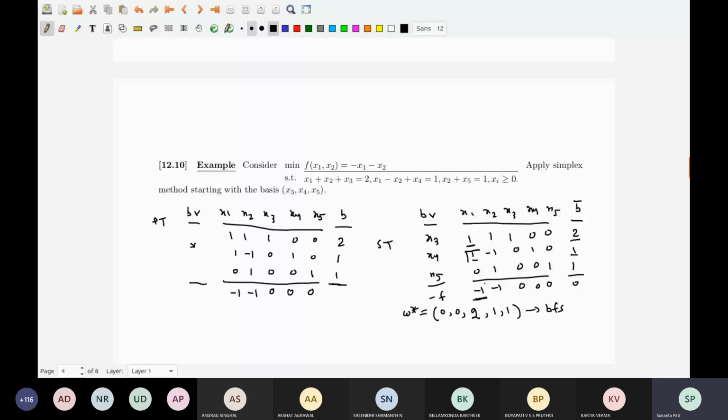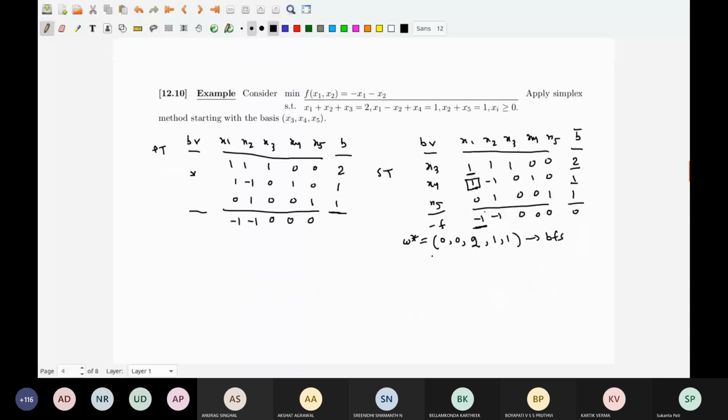So in that case, what is happening now? x4 will go out, and in its place you will have to write x1. So you write again BV x1, x2, x3, x4, x5, B bar.